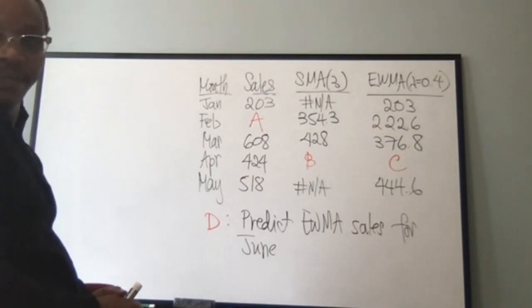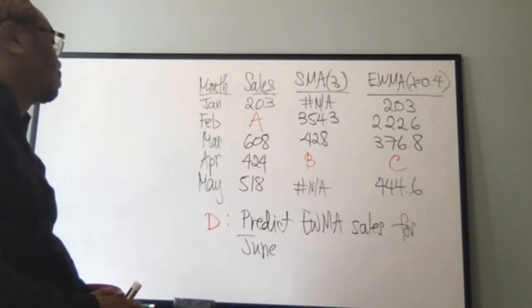Or let's see, Megan, you remember how to predict? Don't you take the 0.4 and then the last number for May, and then those will go in the parentheses, and then you add it to the 0.6, and then take the last number in the EWMA column, the 444.6.